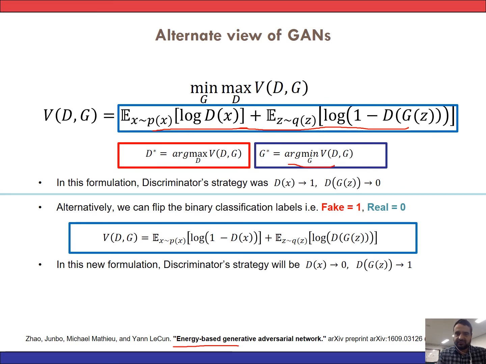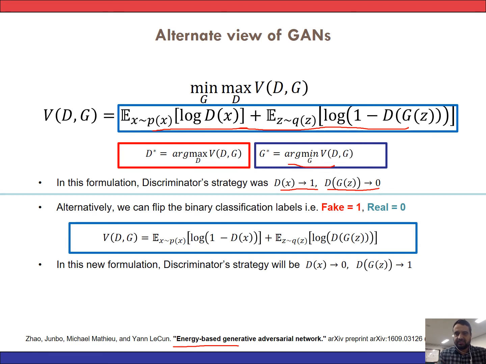In this objective, for the real images, the discriminator should give output as 1, whereas for fake images, the discriminator should give output as 0. So here what they did, they just reversed this binary classification label problem.